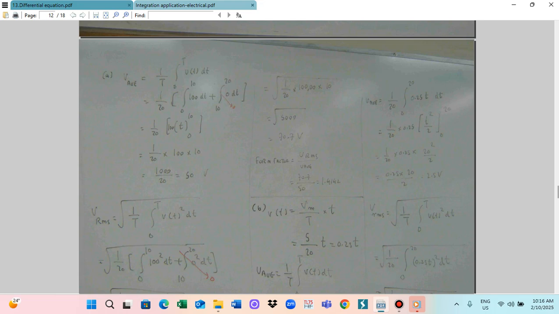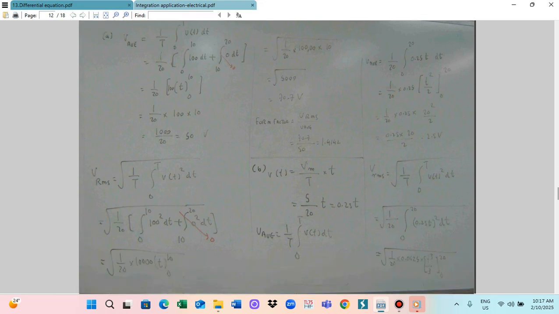Substituting 10, this becomes 1 by 20 times 100 into 10, which is 1000 by 20, so it becomes 50. So the average is 50 volts. And we can also calculate the VRMS.